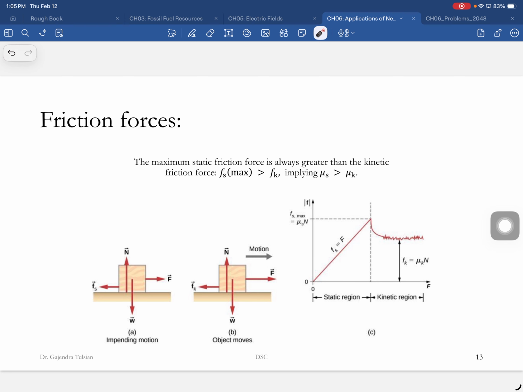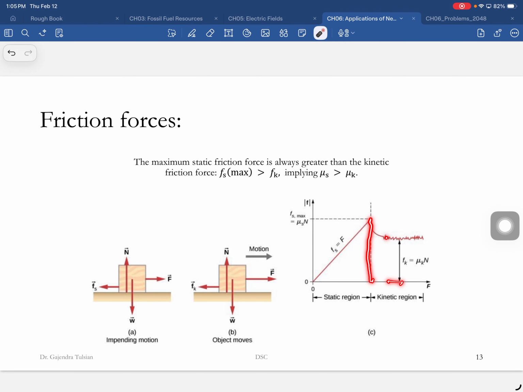So this diagram shows you the static friction force. So this is an applied force, and this is friction force. You applied this force, and the friction force was equal to that, and the object didn't move. Okay? You applied this force, the friction force was equal to that, and the object didn't move. This was the maximum static friction force, and it started moving. Okay?